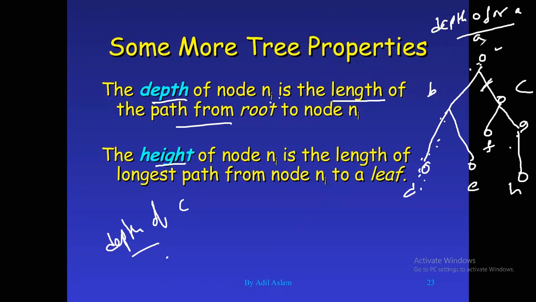How many edges will be there? 1 edge. So depth is 1. Next, height means from that node to leaf. How many edges? 2 edges. Therefore height of C is equal to 2. Depth is 1, height is 2.